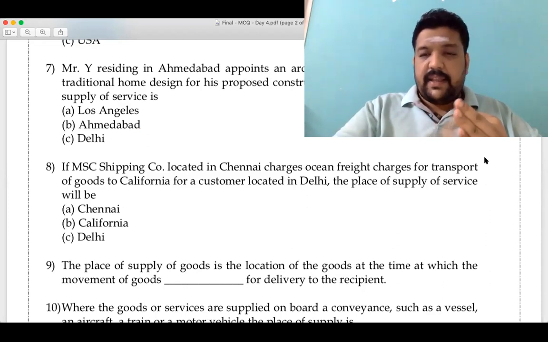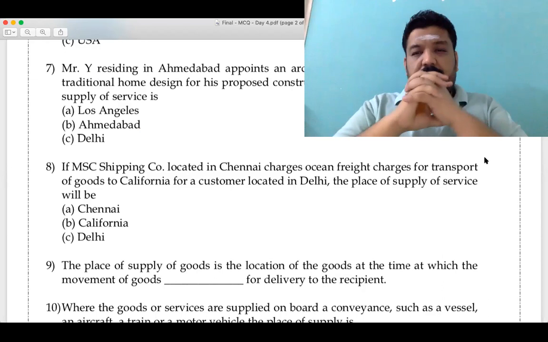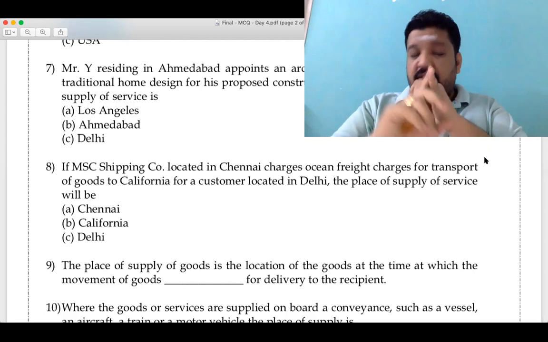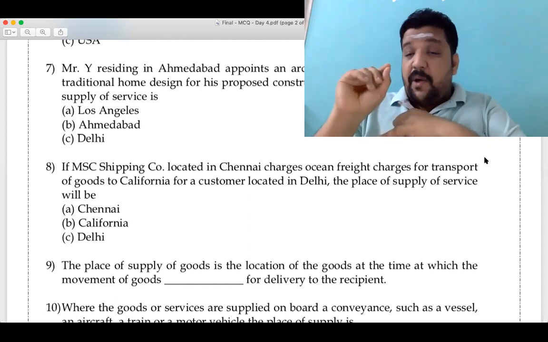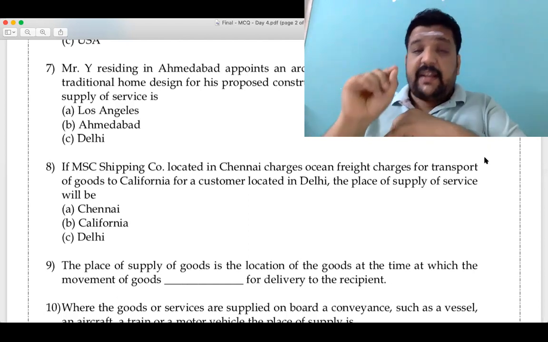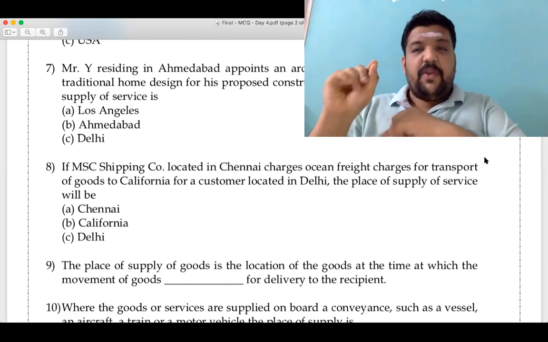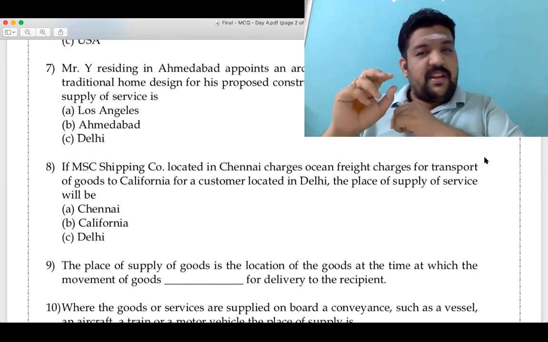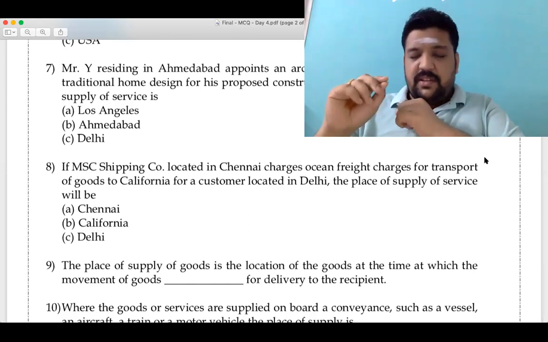Appeared in exam. Make yourself comfortable.